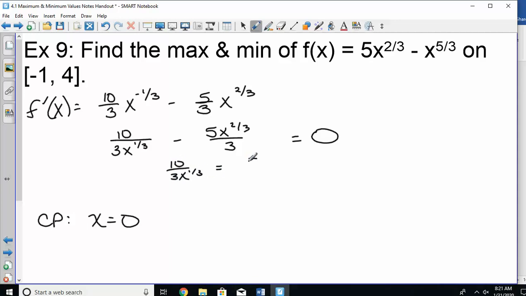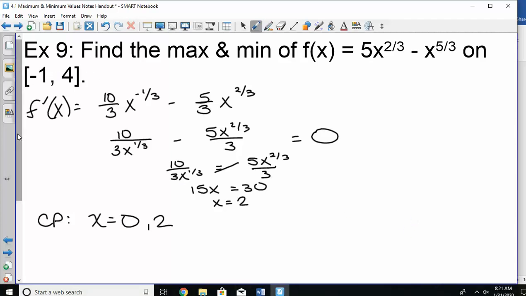If I add this term over, cross multiply, that would give me a 15x. When you multiply, you add those exponents. 1/3 plus 2/3 is just 1. Equals 30. Divide by 15 and you get 2. So my critical points are at 0 and 2.